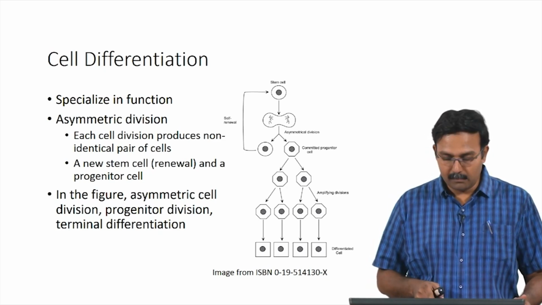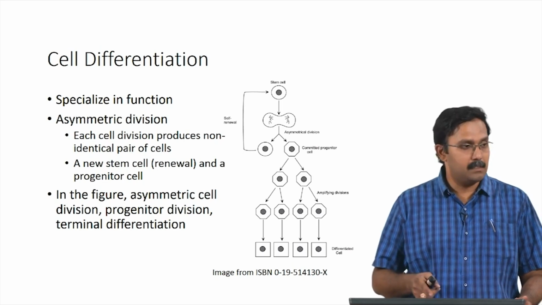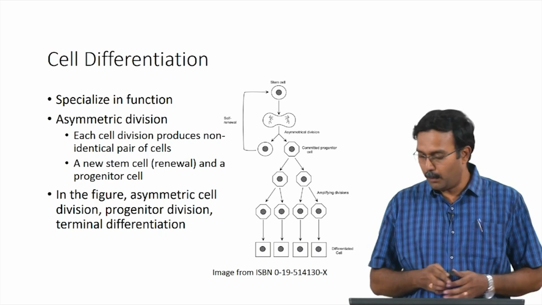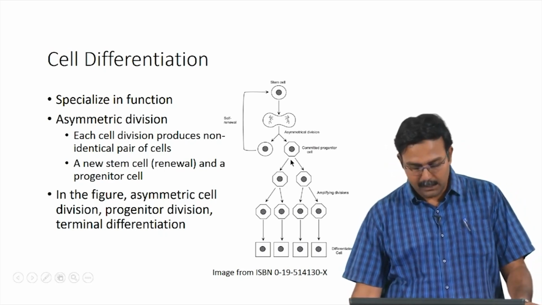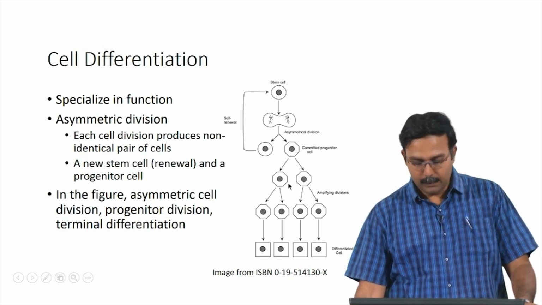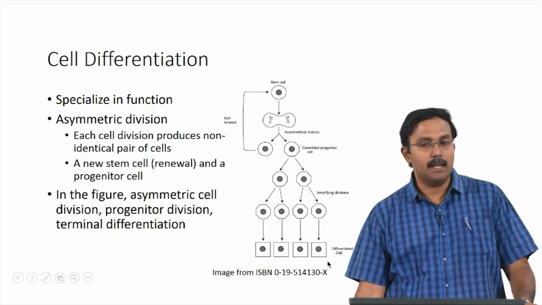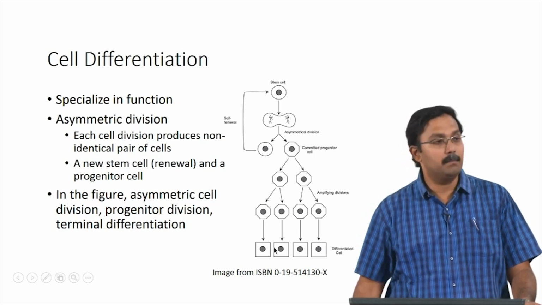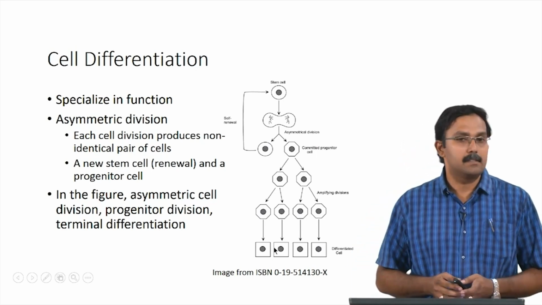One is forming a stem cell which is self renewing, the other one is a committed progenitor cell. The committed progenitor cell then multiplies and amplifies. This is the progenitor division, so that you have more cells that can be differentiated, and the final step is the terminal differentiation to form the fully differentiated cells.